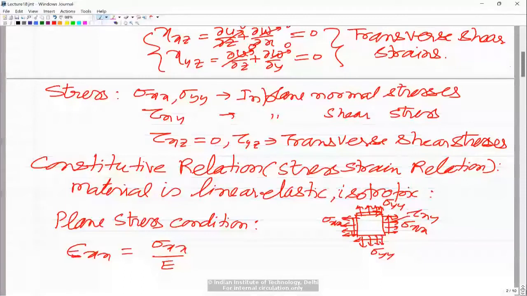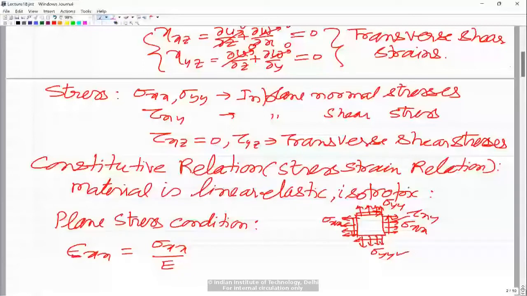But at the same time there is a normal stress along the y direction. If you are stretching along the y direction, the body is going to contract along the x direction, and the ratio of contraction is equal to Poisson's ratio.